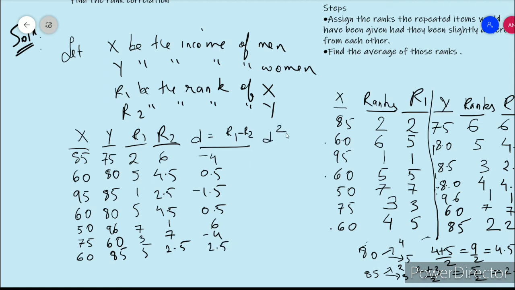Then we square these values: .25, 36, 16, 6.25. So we sum the squares and we get value equal to 77.